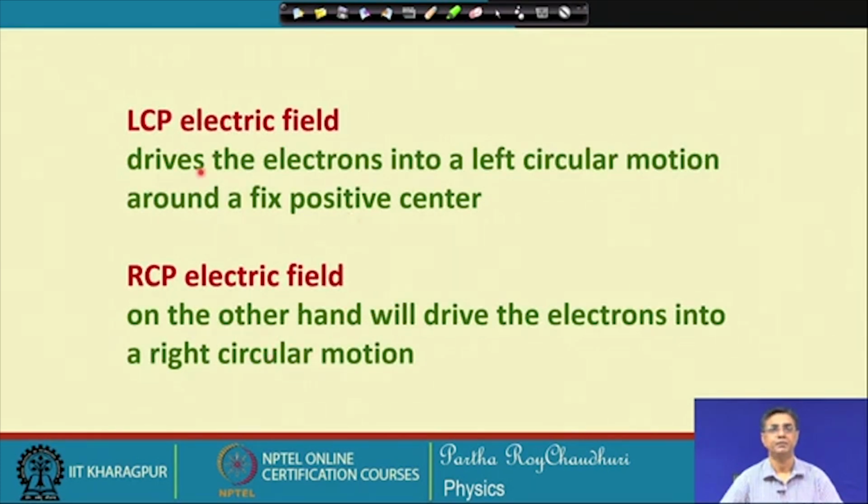configuration of the medium. The LCP electric field drives the electrons into left circular orbit around a fixed positive center, and the RCP electric field on the other hand will drive the electrons into a right circular motion. So, the electrons in the atomic configuration will be affected differently by the two polarized lights, one left circularly polarized, another right circularly polarized.